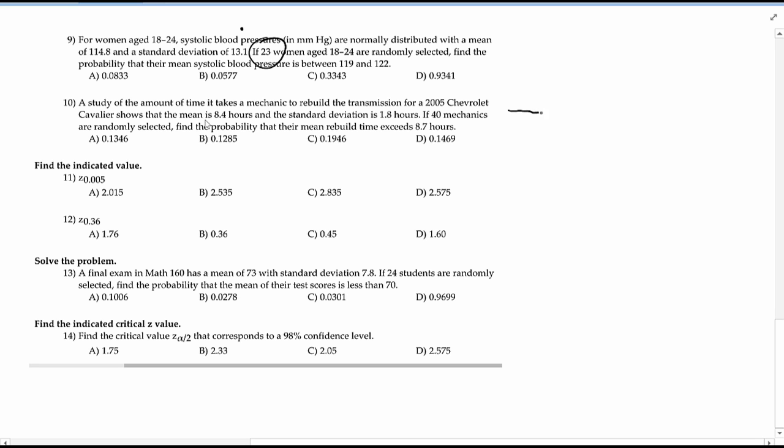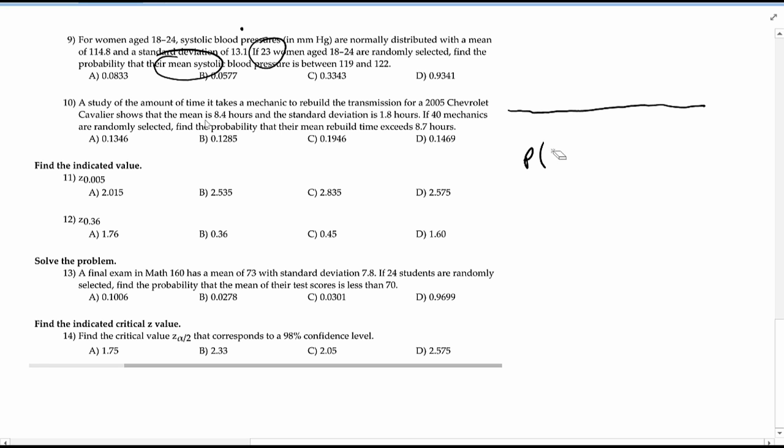So we know that this is about the mean of a sample again. Find the probability that their mean, okay? So we want to find the probability that the mean of a sample is between two values.